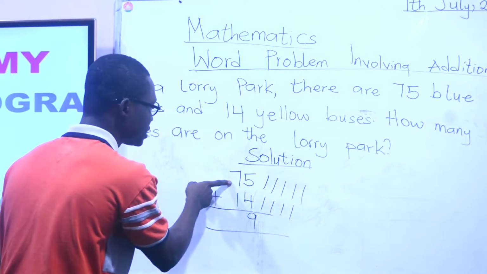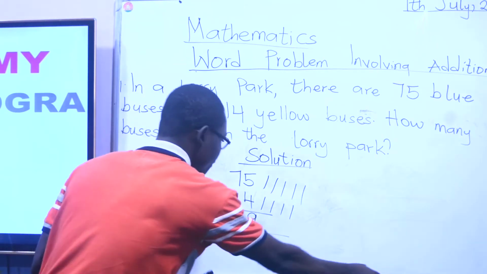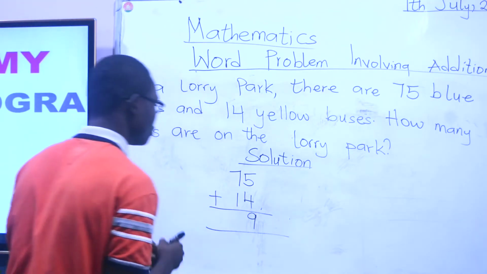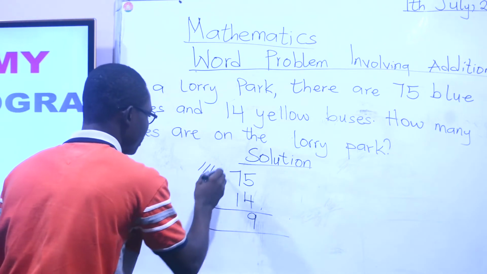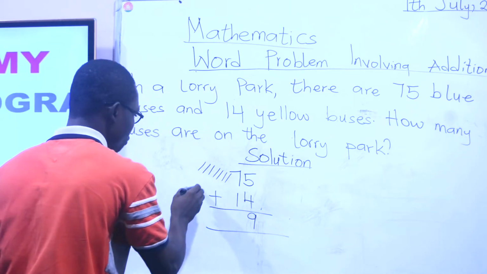Now when you look at this here, we have 7. So you count your 7 here. So let's clean this one so that we won't get confused. So 7: 1, 2, 3, 4, 5, 6, 7. And here 1.